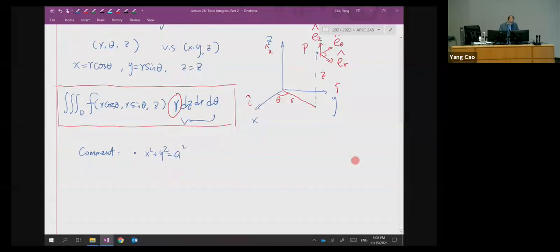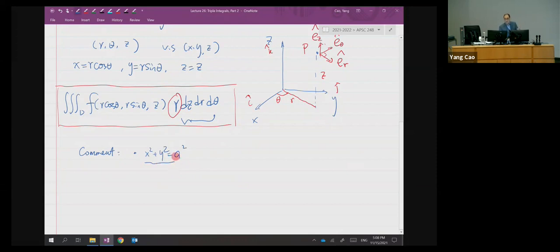So we should have a similar reaction. If I give you an expression in terms of cylindrical coordinates, then you should have a similar reaction: okay, that describes something, just like if I give you a Cartesian expression. So for example, let's look at this one here.